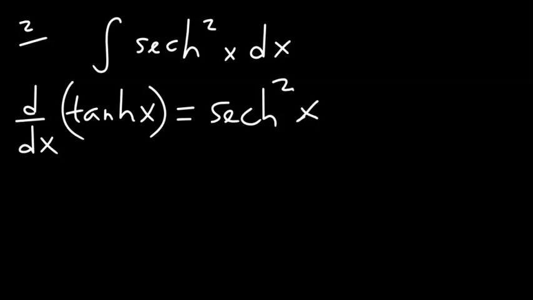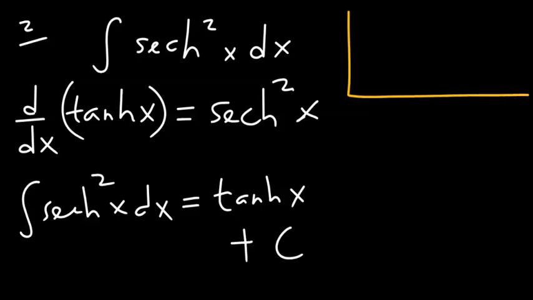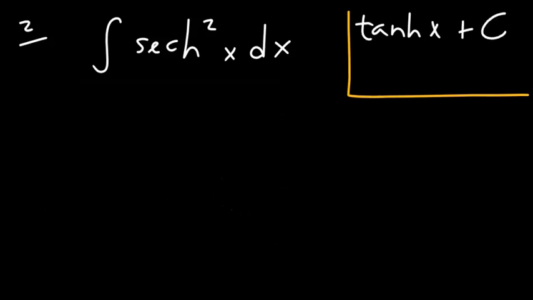That means when you integrate hyperbolic secant square x with respect to x, you should get hyperbolic tangent of x, of course plus an integration constant, let's call it c. So one answer to this integral is just that, hyperbolic tangent of x plus an integration constant, let's call it c. One can also obtain a solution of another form.